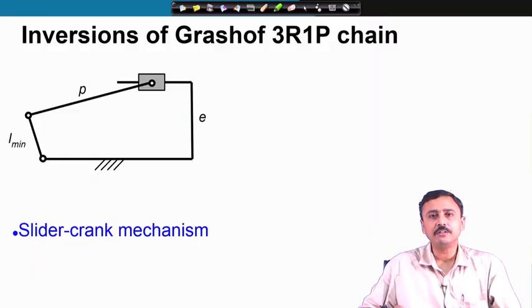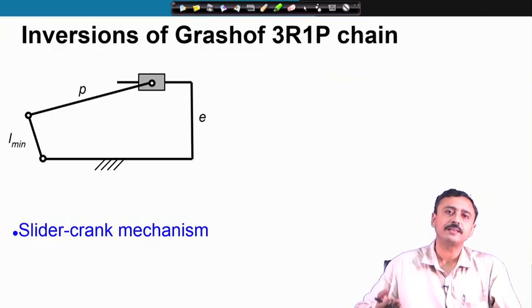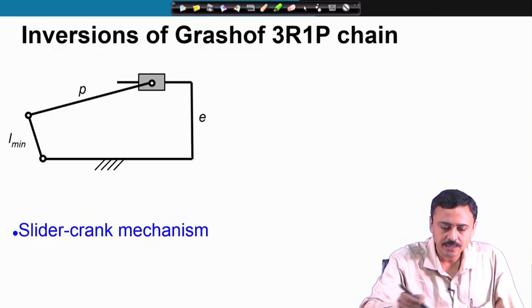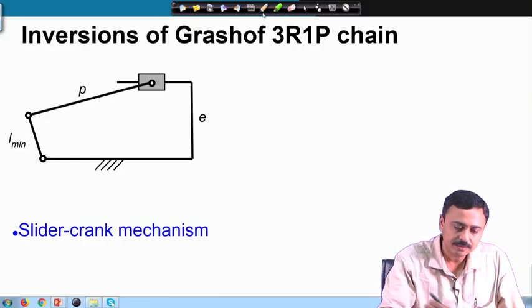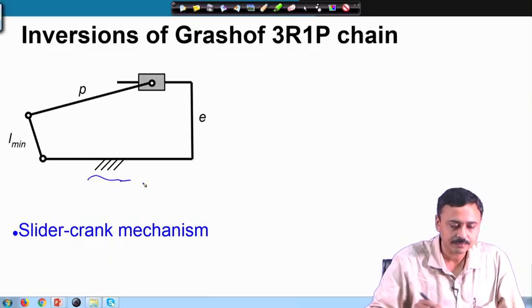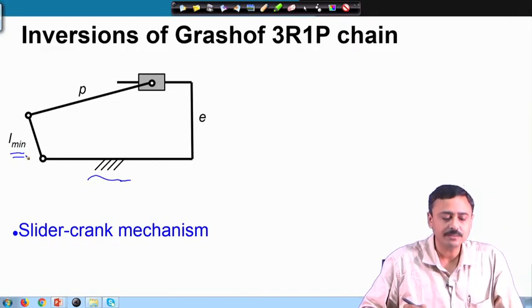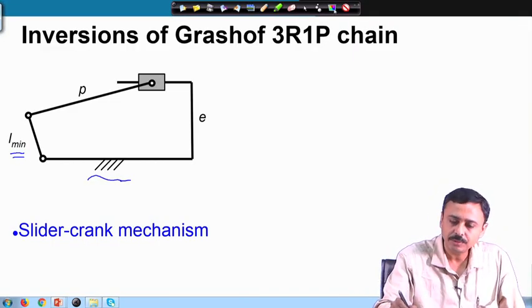Let us look at inversions. Inversions are the mechanisms obtained by fixing the different links of the kinematic chain. Here I have fixed this link and this is our L min, which can rotate completely.